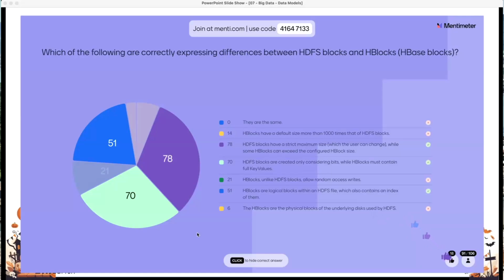Okay. Number 5, HBase blocks allow random write access. Why do they not allow random write access? Yes? That is correct.